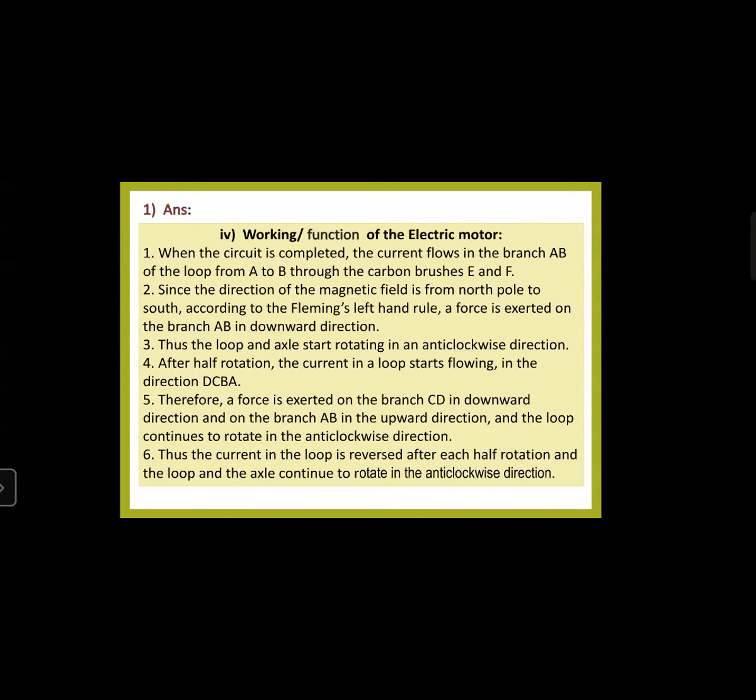Thus the current in the loop is reversed after each half rotation, and the loop and the axle continue to rotate in the anti-clockwise direction. So this is the working of an electric motor.